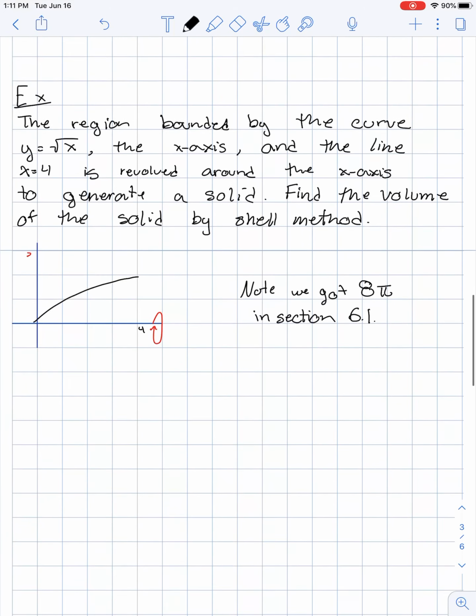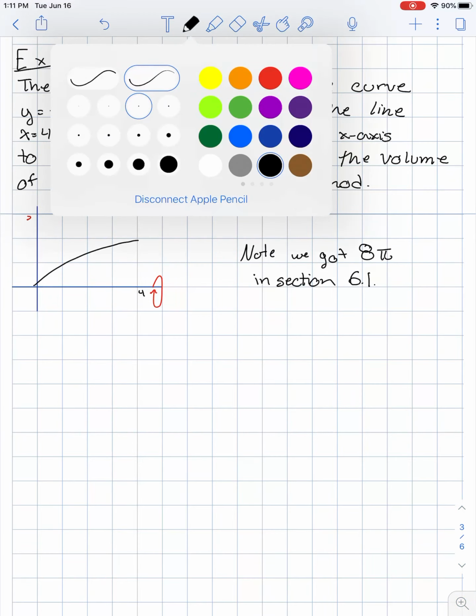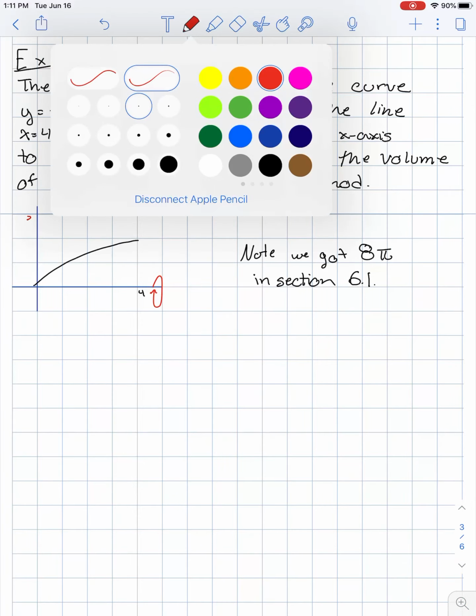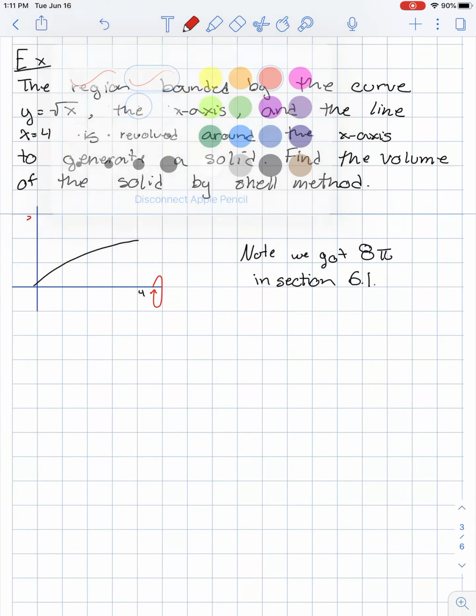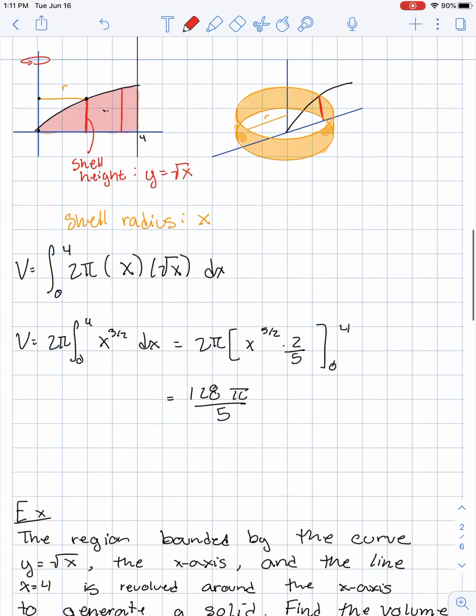So, to find the volume of the solid by the shell method, I drew my picture, and we're going to make r the radius of our cylinder. If I have a cylinder this way, it's kind of like a cheese wheel.